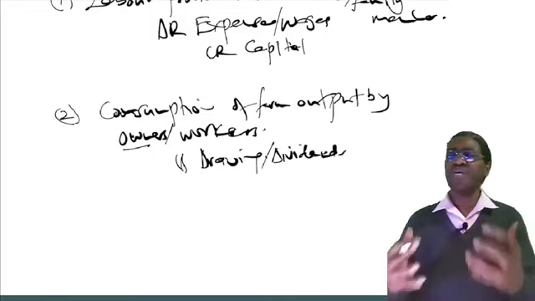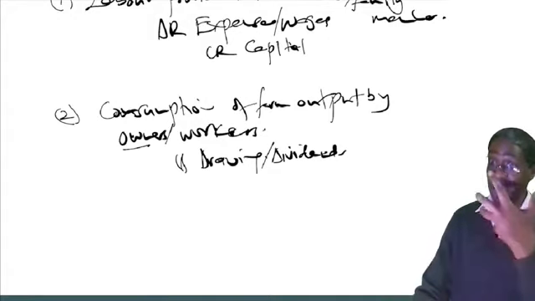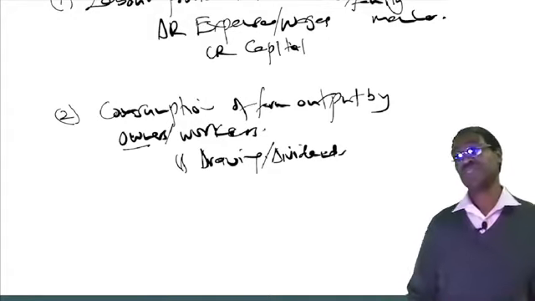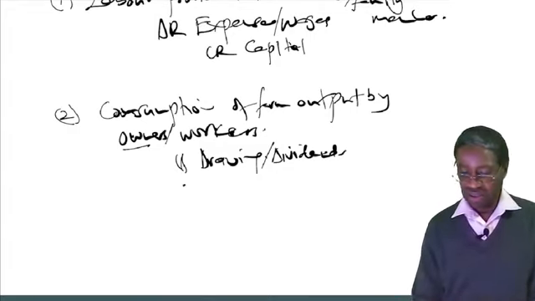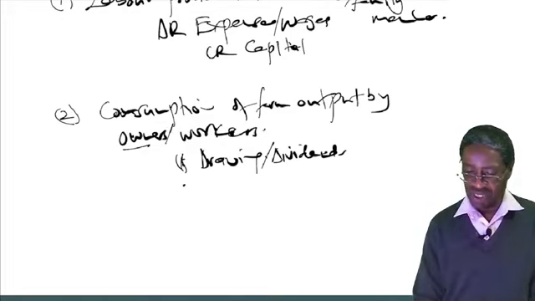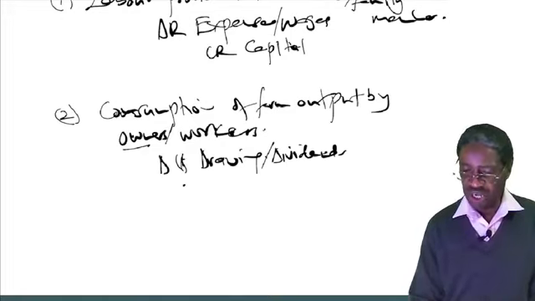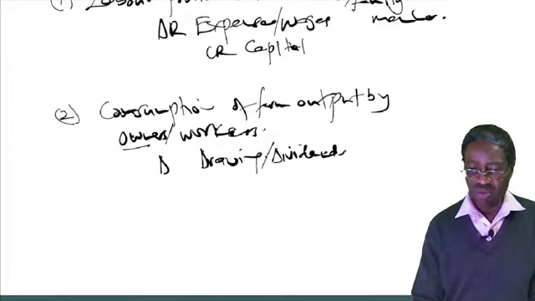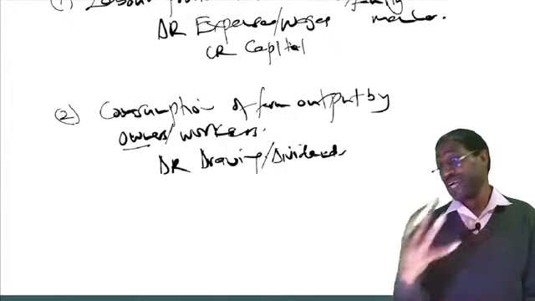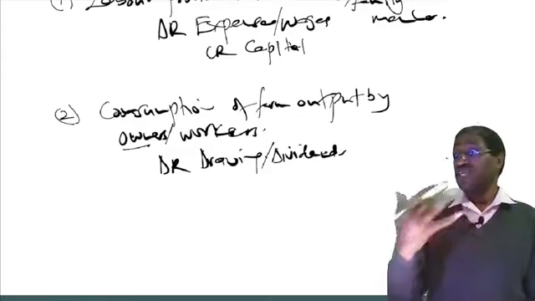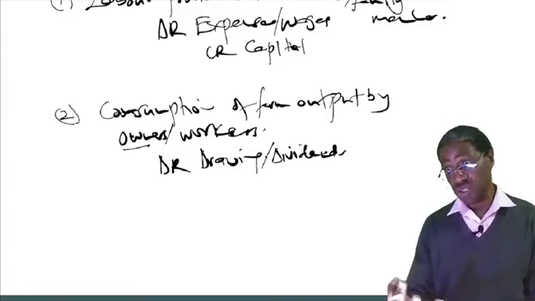It's like you, as a company, are paying the owners a dividend. So it is like dividend or drawings. Just like a normal sole trader, whenever they take goods for personal use, we normally debit drawings.